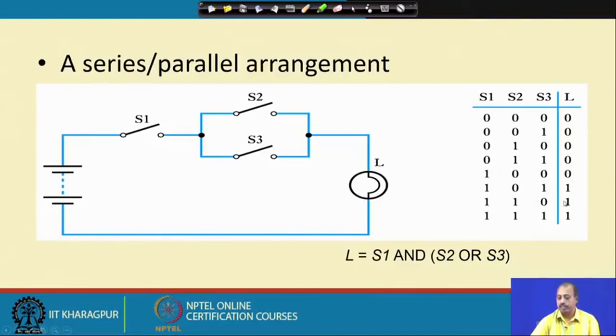Then only L is equal to 1. So the overall operation of this lamp can be written as L equal to S1 and (S2 or S3). That captures the status of all the three switches S1, S2, S3 and gives the combination. This way we can represent this operation on Boolean quantities by means of switches and some output.